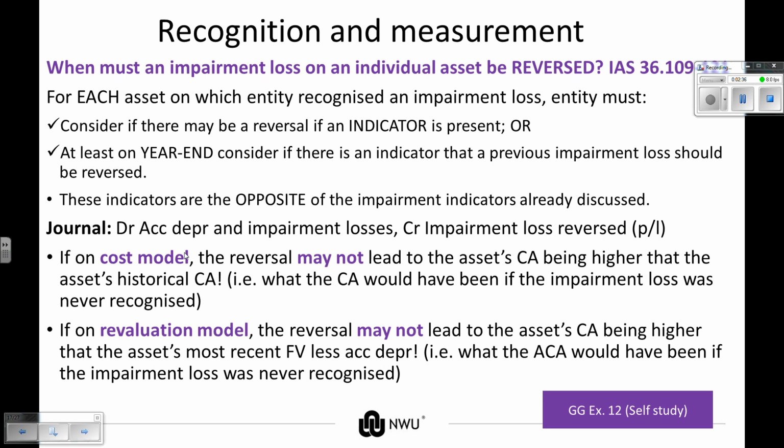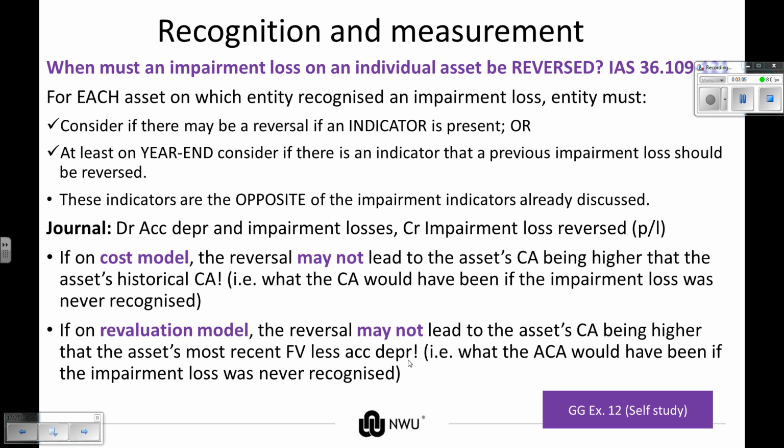If I'm on the cost model, very important, the reversal may not lead to my asset now being higher than my asset's historical carrying amount. Because remember, on the cost model, I'm not allowed to revalue. So I can never go above my asset's historical carrying amount. However, if I'm on the revaluation model, I can go above my historical carrying amount in OCI.